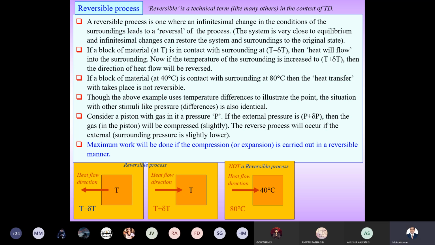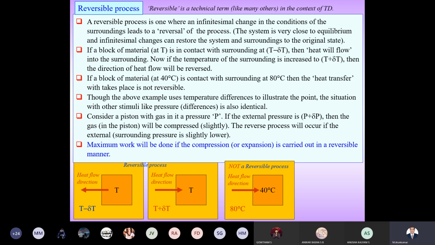Though the above example uses temperature differences to illustrate the point, the situation with other stimuli like pressure is identical, pressure differences. Here we are considering only the temperature. Other parameters like pressure and volume are also available, so we have to consider those.